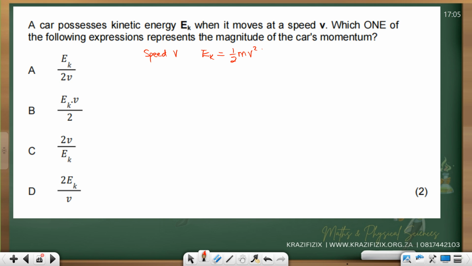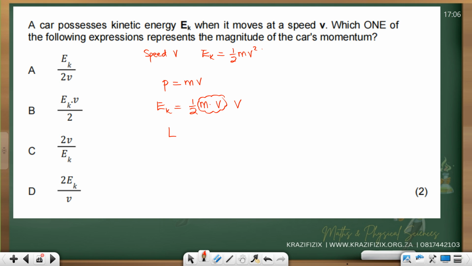Let's see something. What is momentum? Momentum is mass times velocity. But we need to write this in terms of kinetic energy. If you look at my kinetic energy, half mv squared is half mv times v. What is mv?